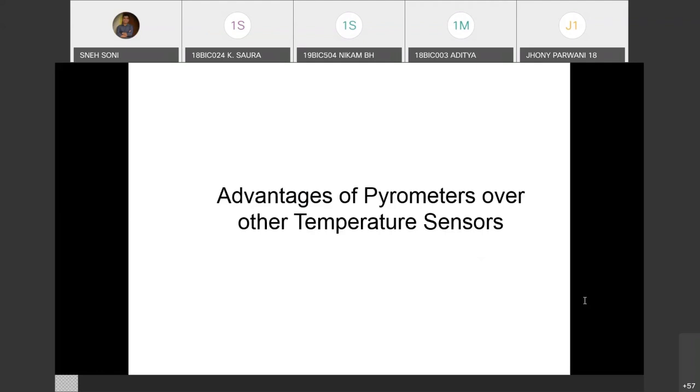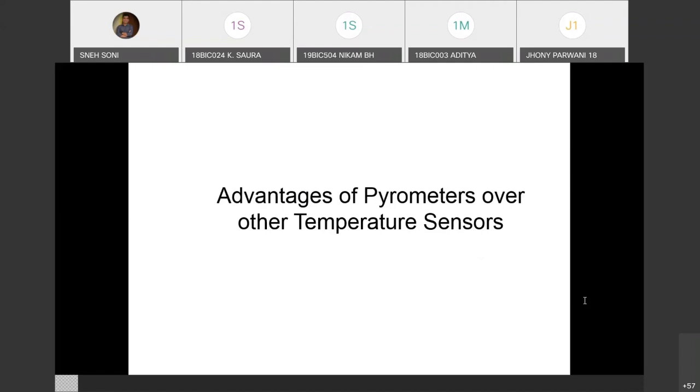As we have already discussed in detail, these are non-contacting types, right? So whether the environment is toxic or contaminating will not make any difference. So you can use them in contaminating environments, as well as for objects or bodies whose temperature you need to monitor and where mounting a sensor is not possible.